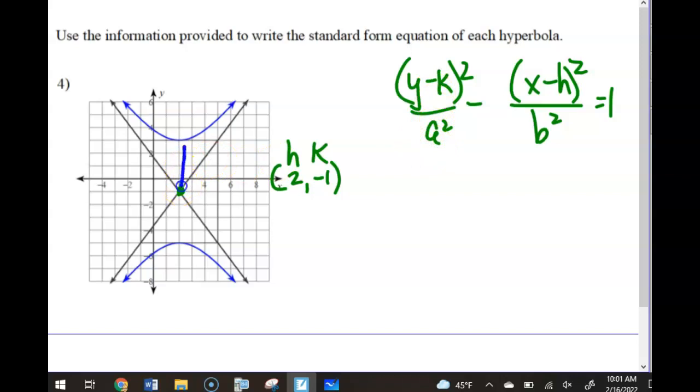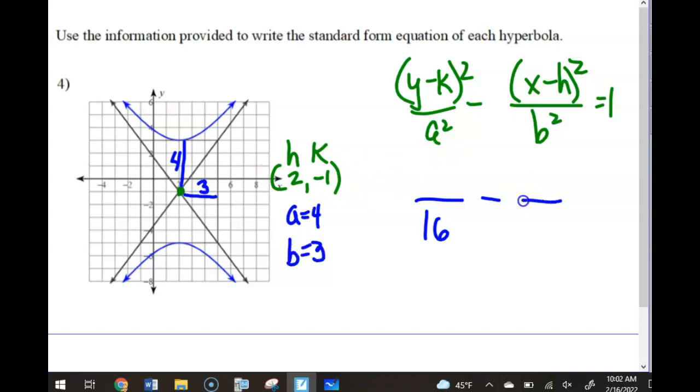So how far is this up and down from the center? 4. So A is 4, so that's going to be a 16. Yep. Good job. And out in the X direction, it went 3 either way from the center. So B is 3.